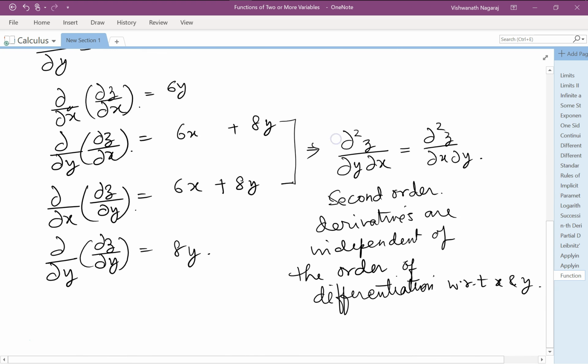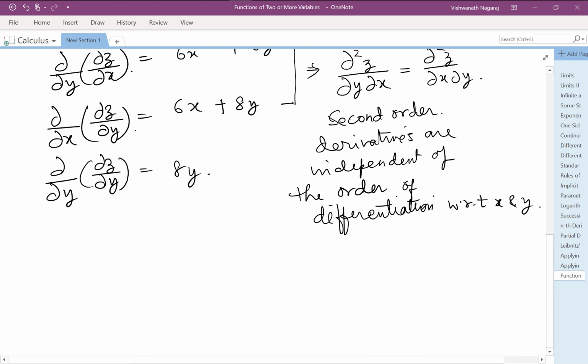Now, of course, when you are practicing, this is how usually the questions would be. Given a function, prove that dou squared f by dou x dou y is equal to dou squared f by dou y dou x.